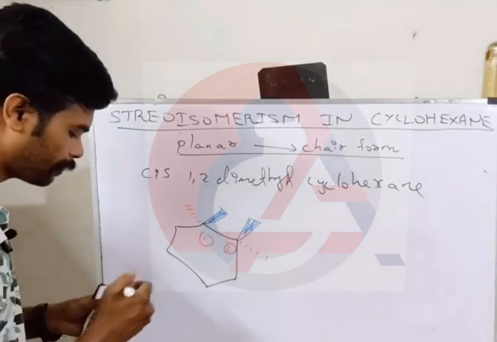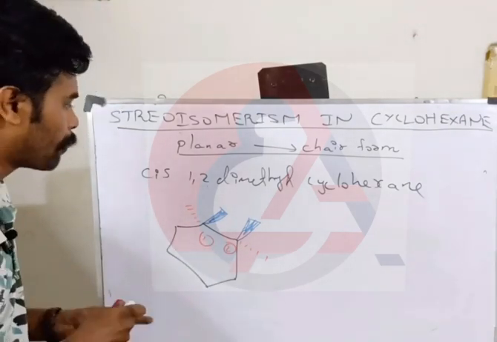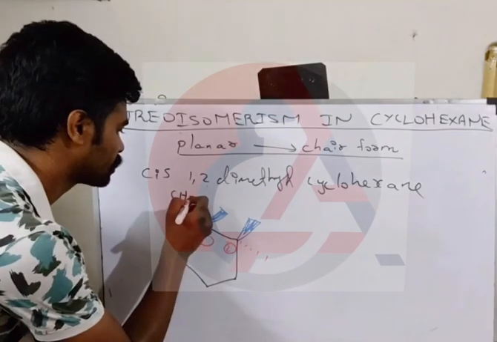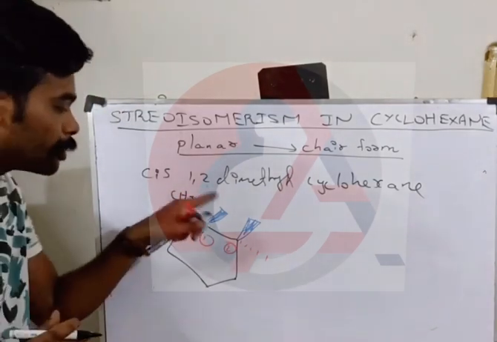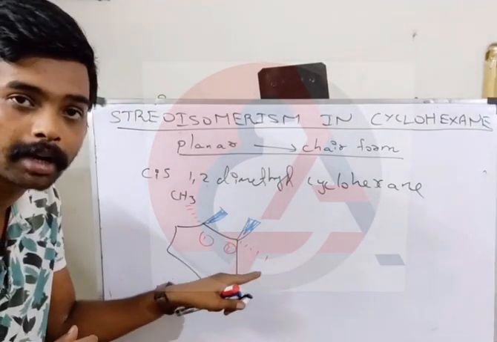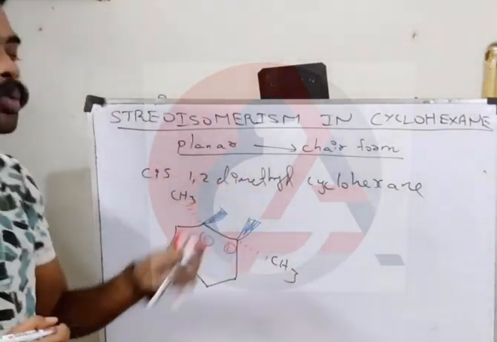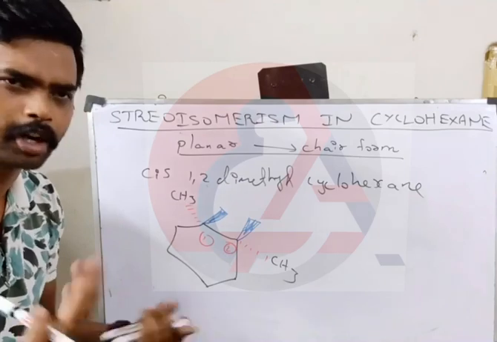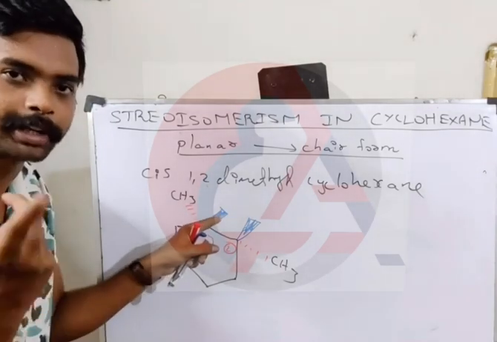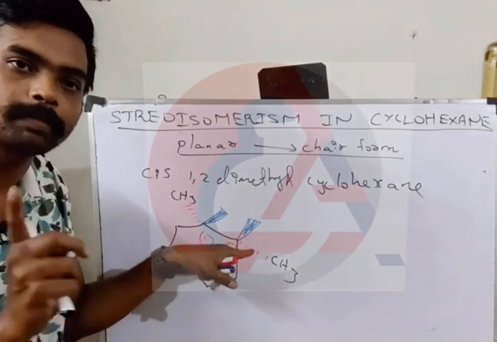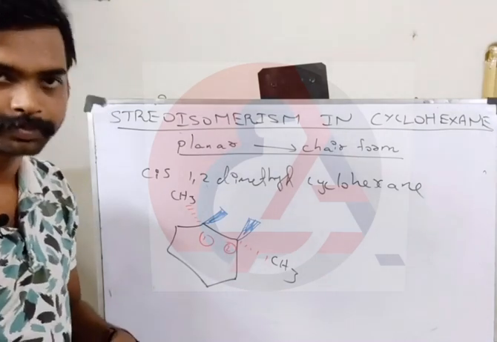If I put the first methyl group pointing away like this, I have to put the second methyl group on the second carbon also pointing away. This is cis 1,2 dimethylcyclohexane. Or if you want to put it in the wedge position, pointing towards you, the next one also should be in the wedge position, pointing towards you.